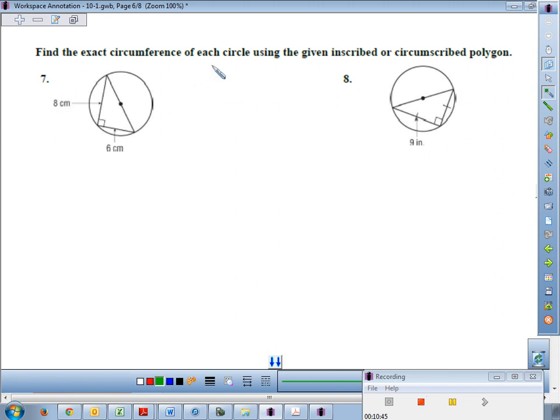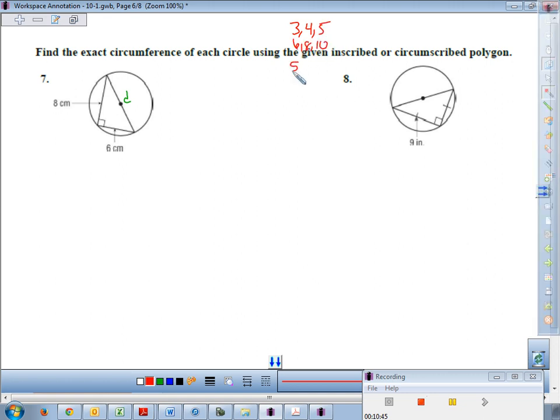Find the exact circumference of each circle using the given inscribed or circumscribed polygon. Well, you can see that we have a right triangle inside of a circle right here. We can do the Pythagorean theorem to solve for d. But remember, there are 3 very special right triangles that I'd like you to have memorized. One is a 3, 4, 5 right triangle. Another one is a 6, 8, 10.